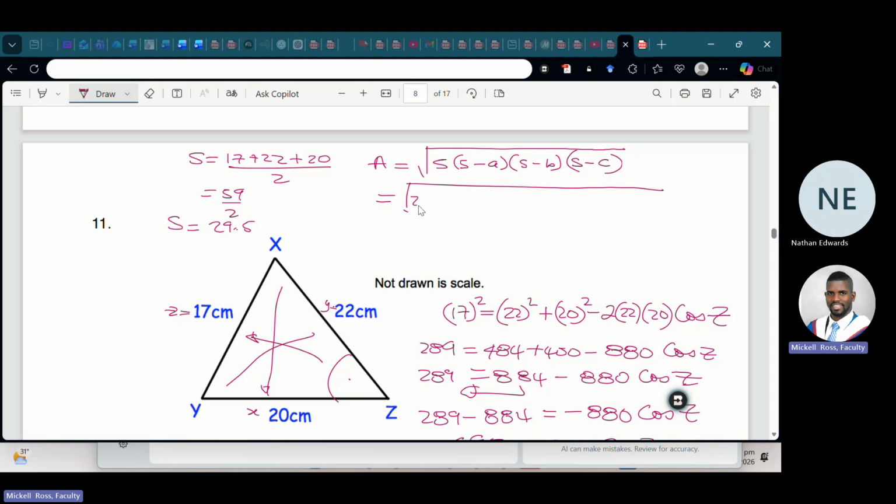So it's going to be 29.5 times 29.5 minus 17, 29.5 minus 22, 29.5 minus 20.